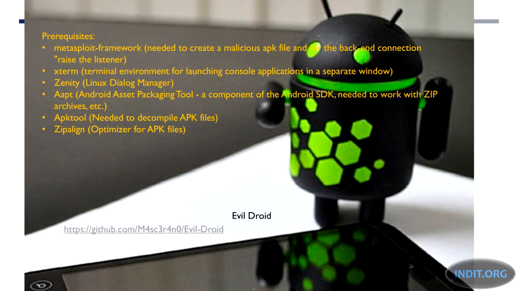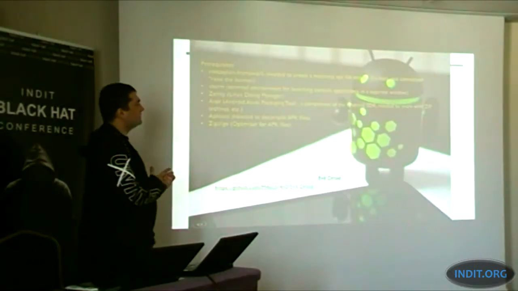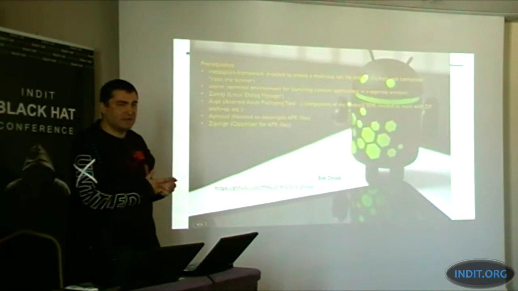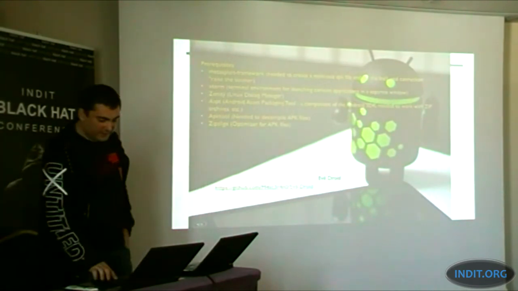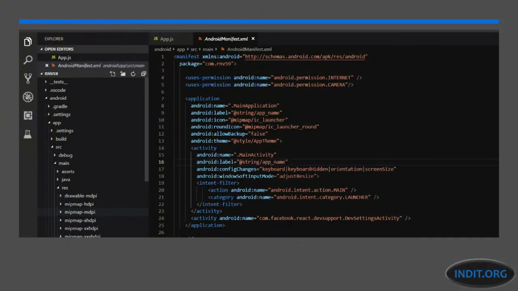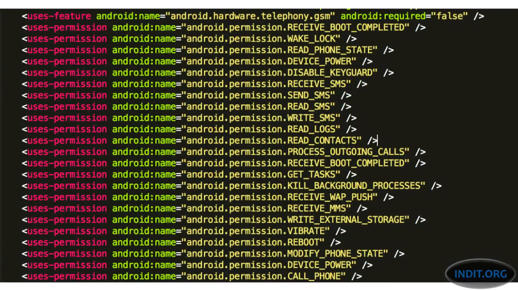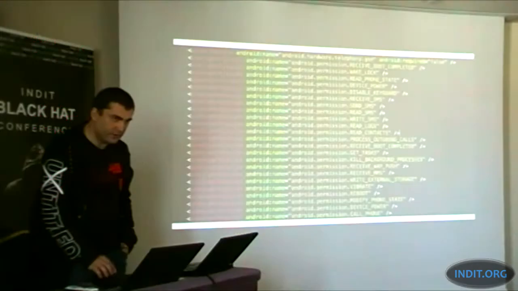So if we have a completely clean app, which is nice and fine, and we use it and we're happy with it, somebody can take this APK file, insert all the requirements that he needs, and basically turn our application from something which is like this or this into something which is like this, adding permissions to everything that we need, and the user is not going to be notified about that.